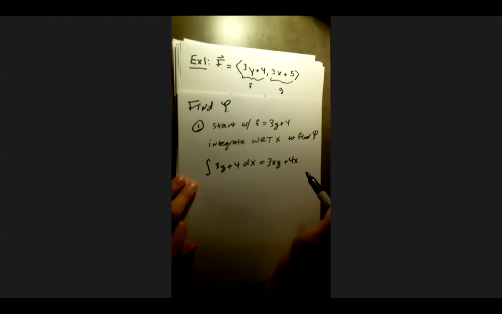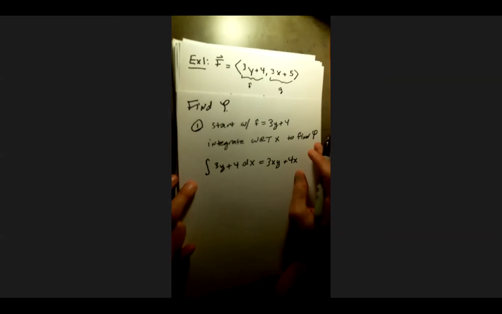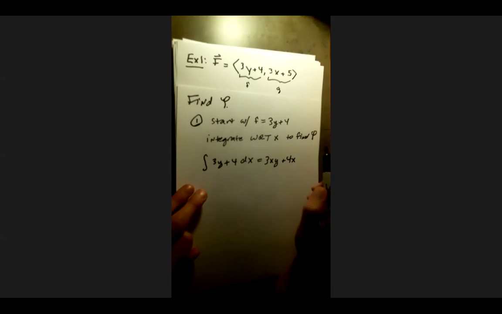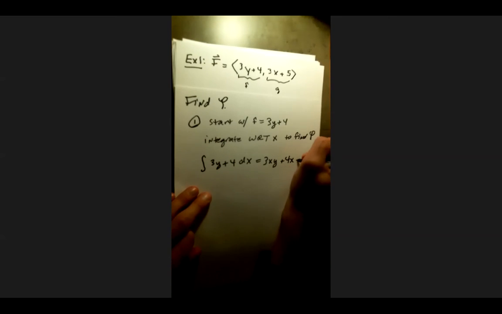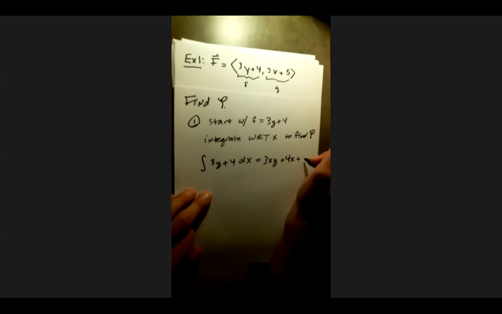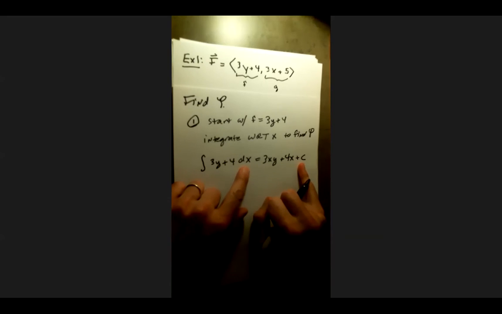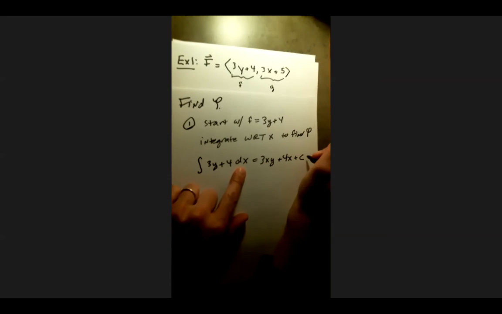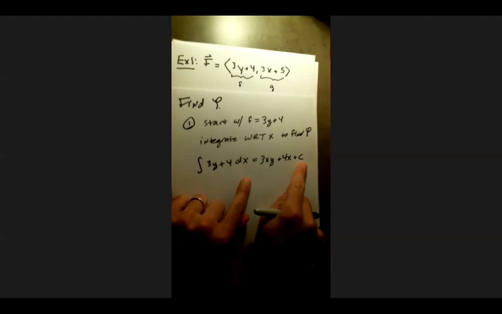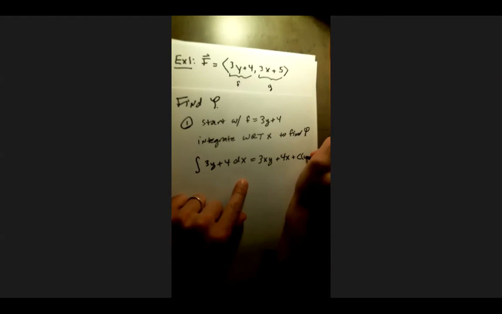And then what else do we need? We need a constant, but it's a special kind of constant. It's going to be our function. It's a constant with respect to x, and so it could have which variable in it? Y. It could have y's in it.